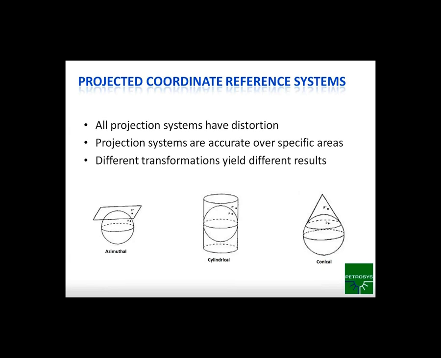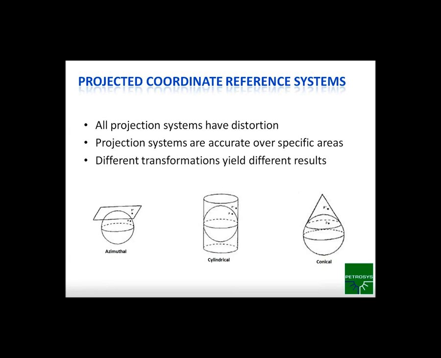So that, in North America, a lot of regional geographic CRSs or projected CRSs are based on a conical type of system. But you still have to remember that there's always going to be a little bit of distortion, or sometimes a lot of distortion, especially if you're using the wrong CRS.